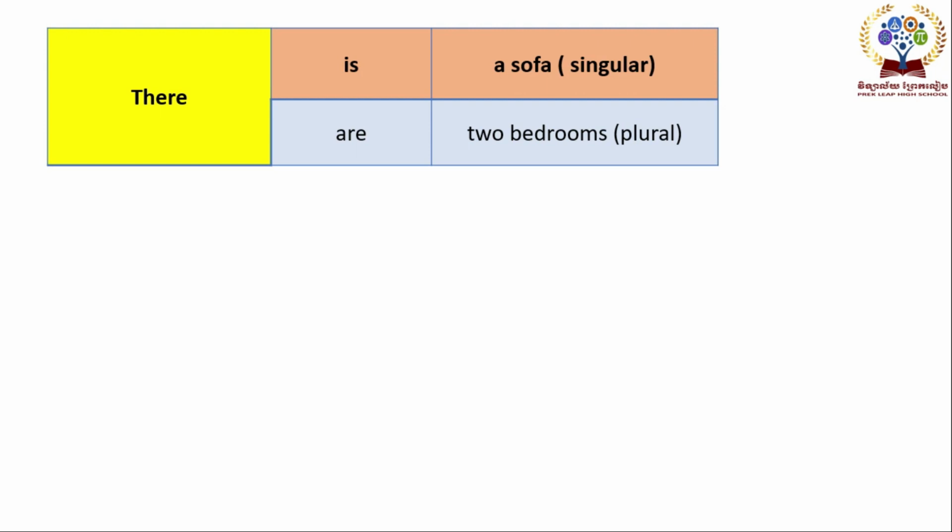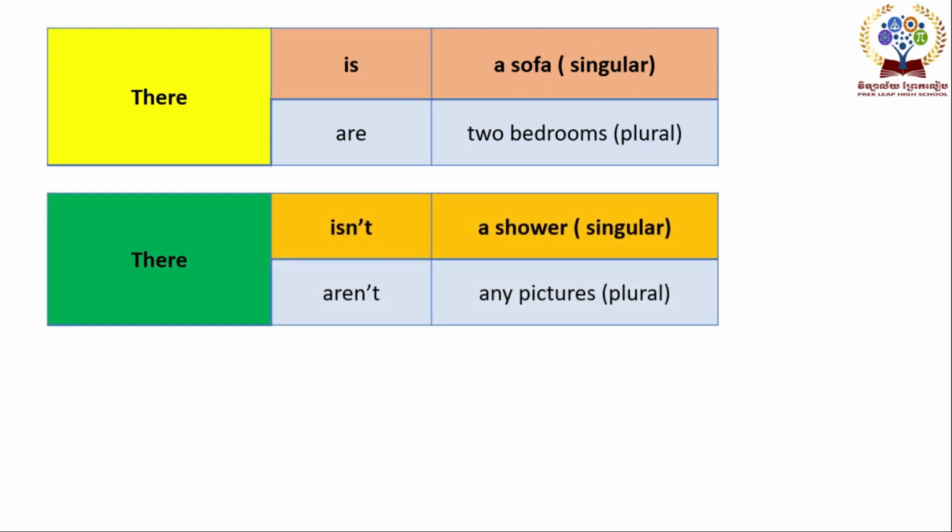There is a sofa. So here it is singular, because it is a sofa. Now let's look at there are two bedrooms. Here we talk about plural, because two is plural.